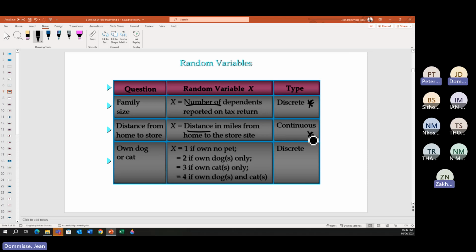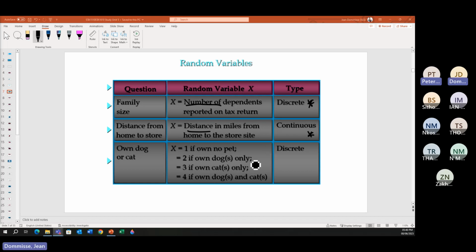But what will happen in the exam is they would tell you this is a discrete random variable, or this is a continuous one. So they're not going to make you guess what you're working with. You don't need to worry about that in any case.